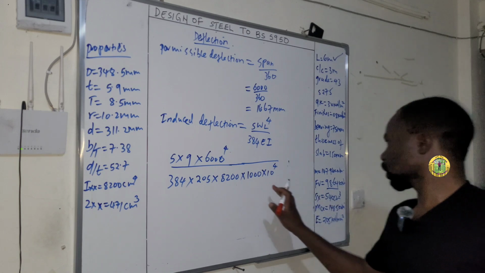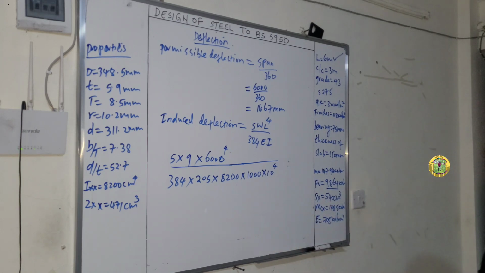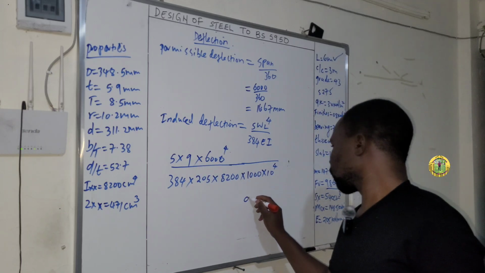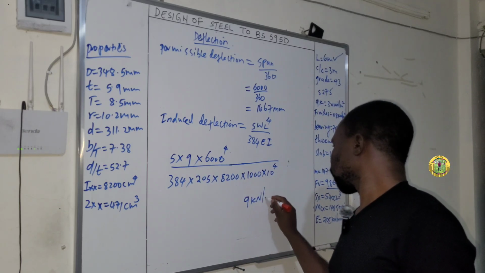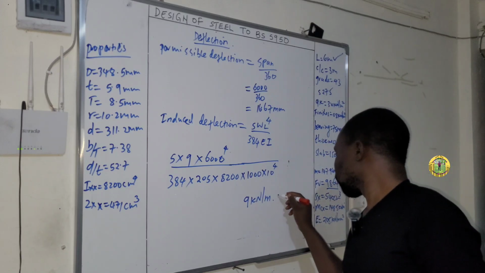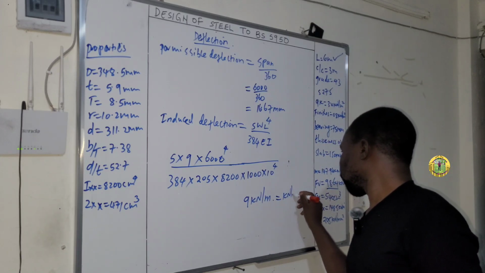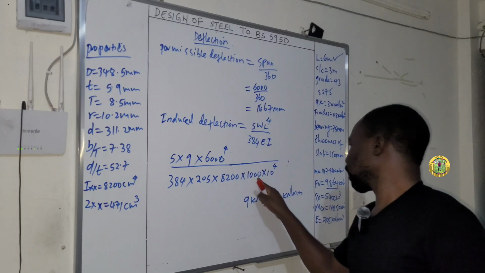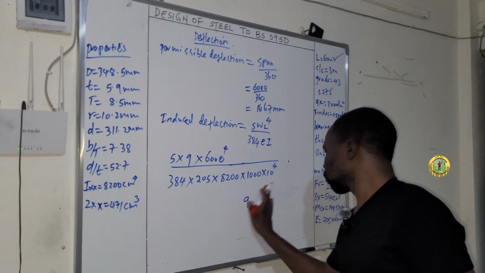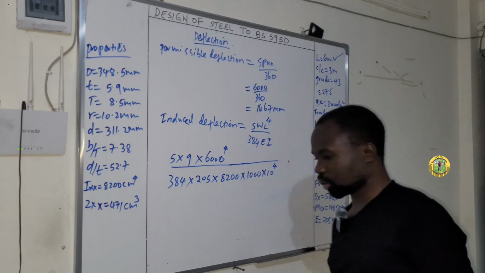And this 1000, we are changing from this 9. So we have 9 kilonewton per meter, and we want to have kilonewton per millimeter, so you divide by 1000 like that. I hope you have understood.